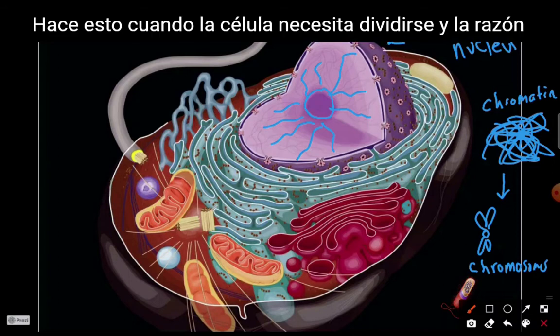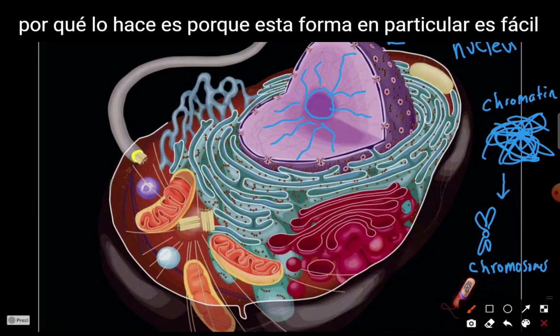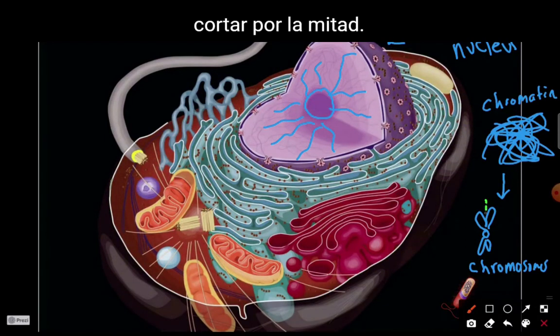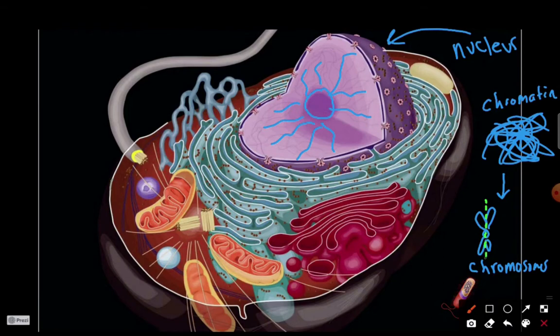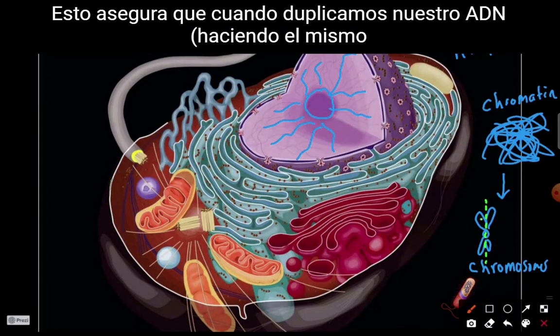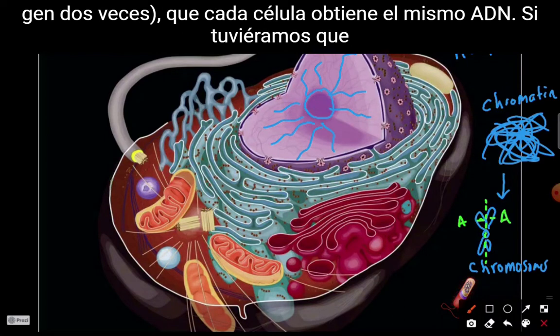It does this when the cell needs to divide. And the reason why it does this is because this particular shape is easy to cut in half. This ensures that when we double our DNA, making the same gene twice, that each cell gets the same DNA.